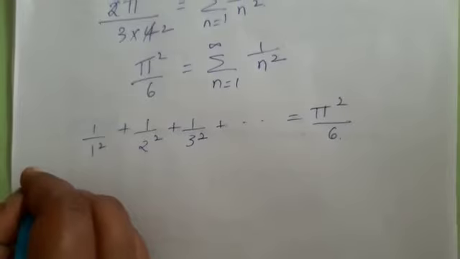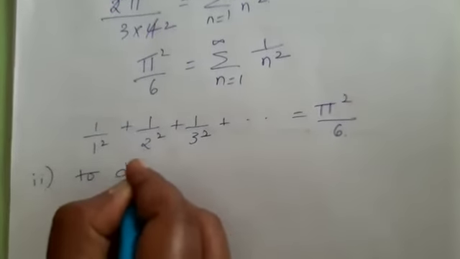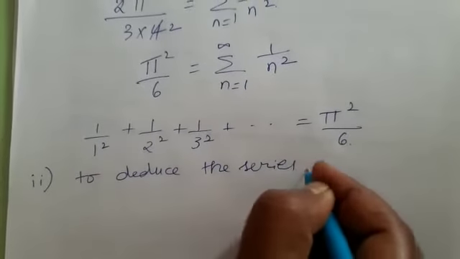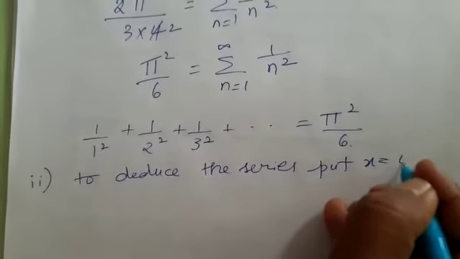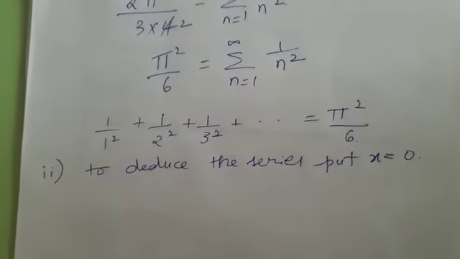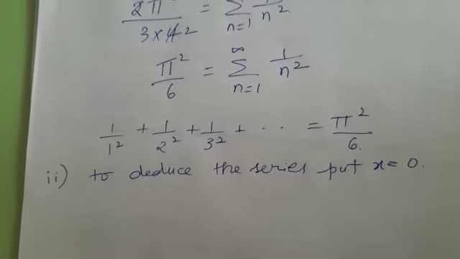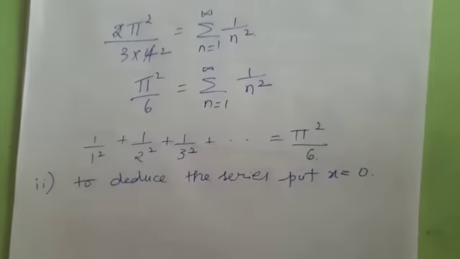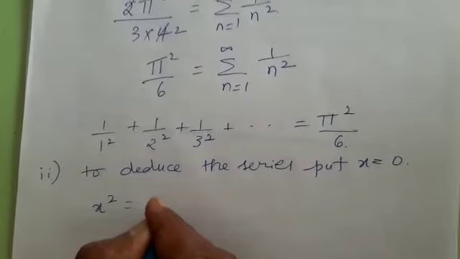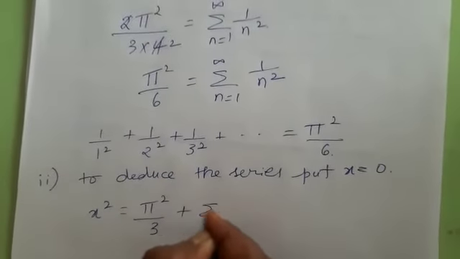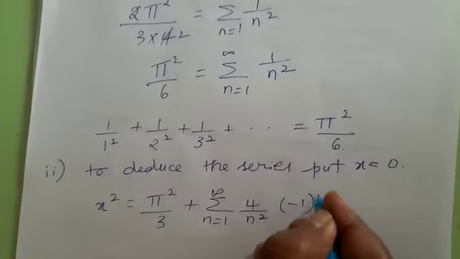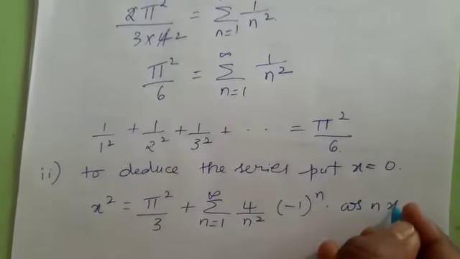Now the second case, to deduce the series, what I am going to do is put x equal to 0 in the equation. What was that equation? x² equals π²/3 plus summation n equals 1 to infinity 4/n² (-1)^n into cos nx.